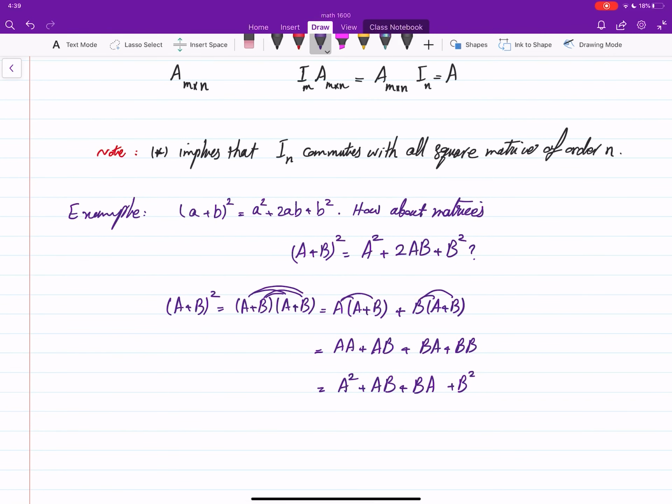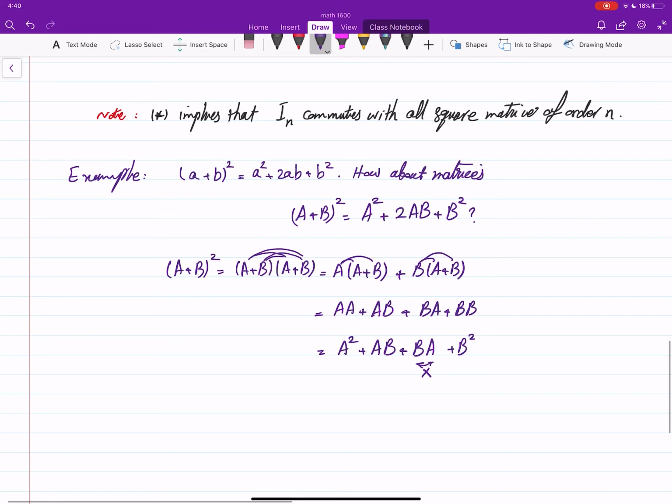We know that in general AB is not equal to BA, so we cannot just switch the order and write this as BA, AB, and then get the result. So this is not true always. You cannot change the order. But let's say that this (A + B) squared, which we found is A squared plus AB plus BA plus B squared, is equal to A squared plus 2AB plus B squared.